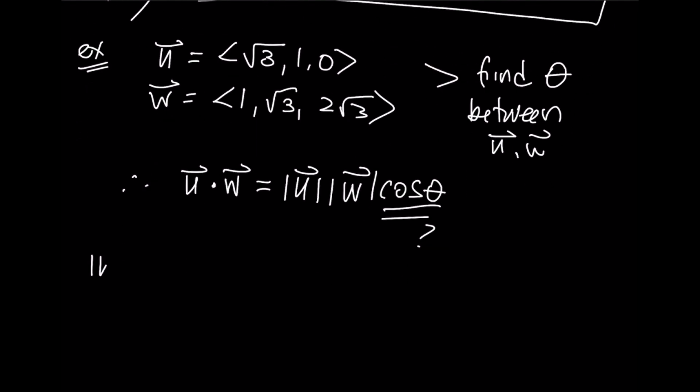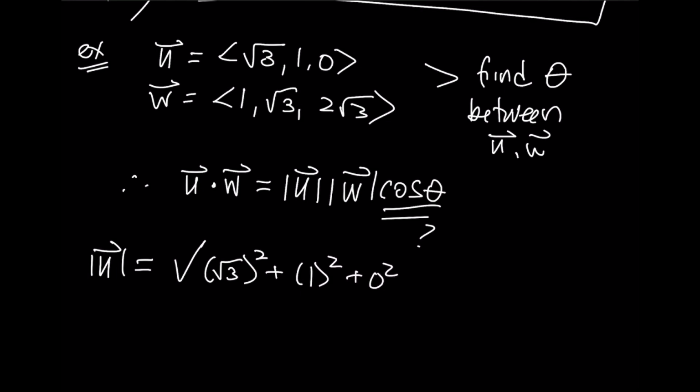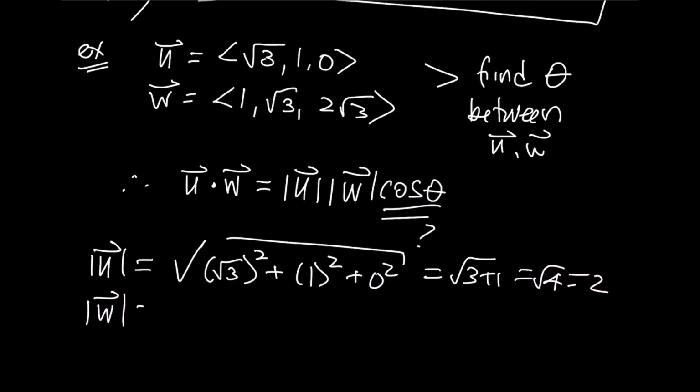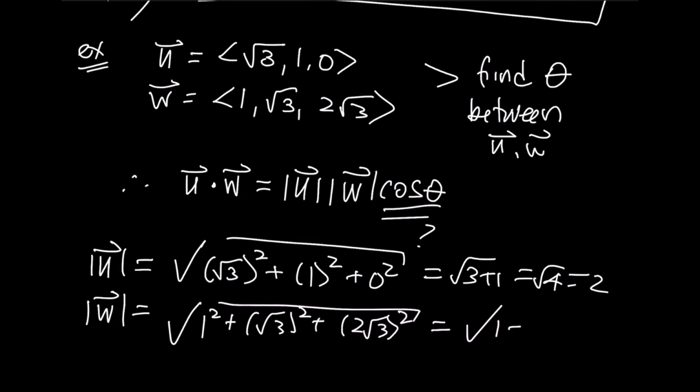The length of u is straightforward. It's going to be root of 3 plus 1 plus 0, which is going to end up giving me a root 4, which is 2. The length of w is going to be 1 squared, root 3 squared, 2 root 3 squared, which is going to end up giving me a 1 plus a 3. 2 squared is 4, root 3 squared is 3, so 4 times 3 is 12. So this is going to be a root 16, which is a 4.